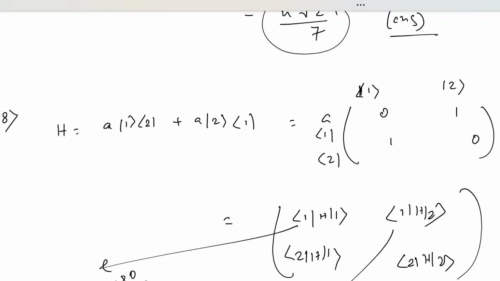Then H acting on 2 plus the bra 1, this time will be 0, this will be 1. So this is <1|a|1>, which is basically a into 1, which is a. Then here the second term would have been 1.